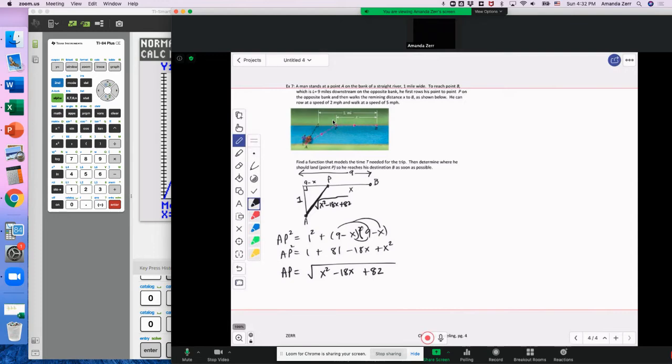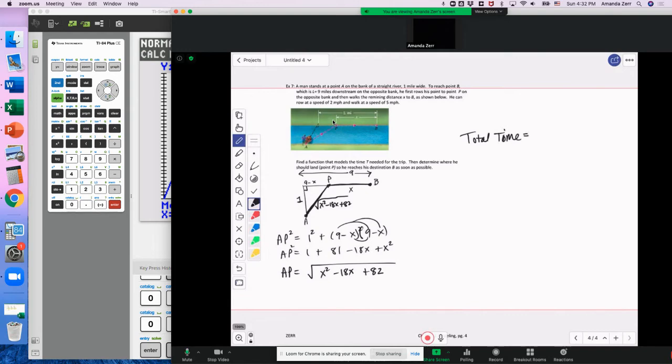Okay, so he's going to go that length at a rate of, let's see, that's the slower one, right? He's rowing at 2 miles per hour. And then he's going to go this distance X at a little bit faster rate. Okay, so let's figure this out. We want to minimize time, so we want to have an expression for total time.